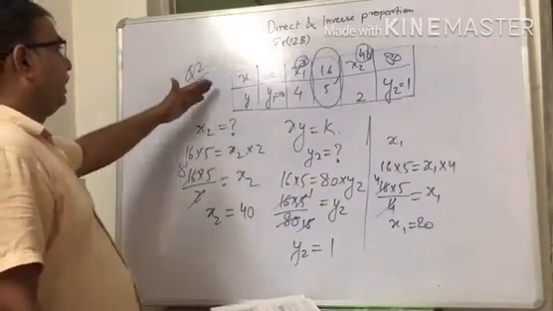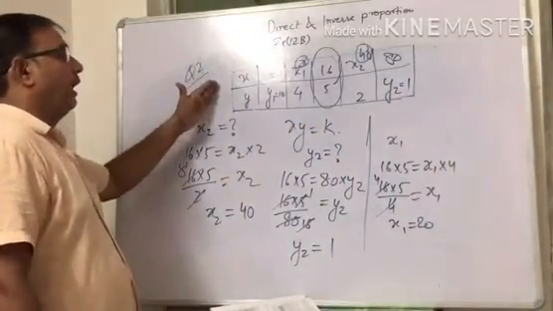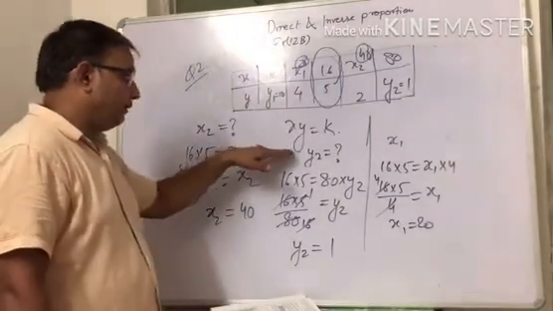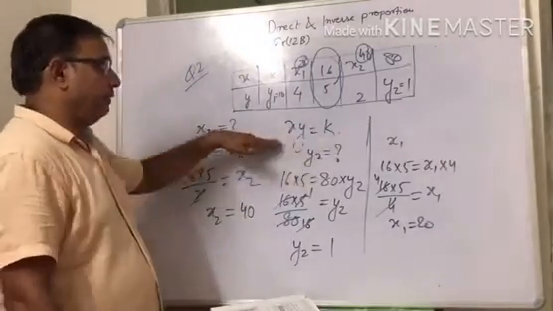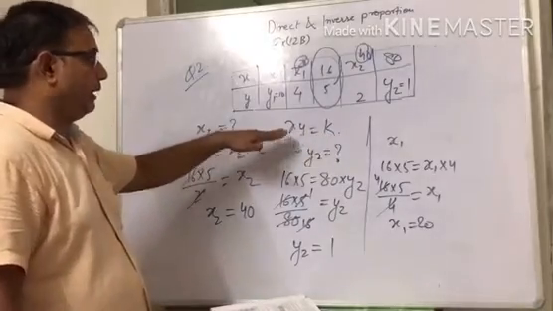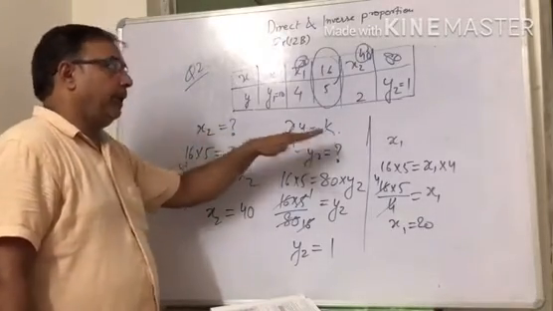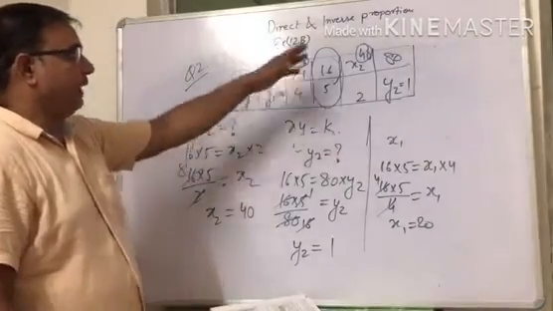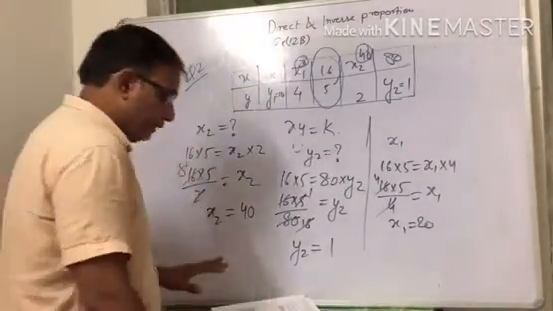Now this is the way we find the missing numbers if the variation is given. If the variation is given, meaning xy is equal to k, inverse variation, then we can find the missing numbers.